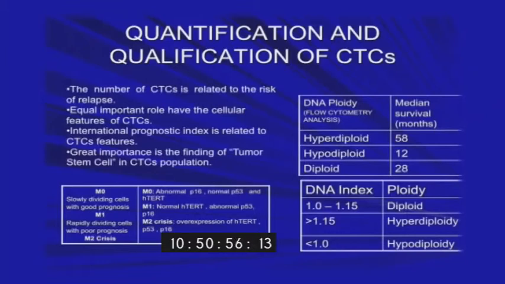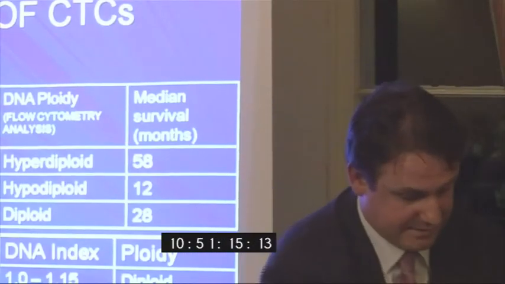So if the DNA index is between 1 and 1.5, then we talk about diploidy, or ploidy, as we said. If it's over 1.5, then we talk about hyperdiploidy, and when it's less than 1, then we have hypodiploidy. But what is the relevance with the clinical reality? The relevance is up there.